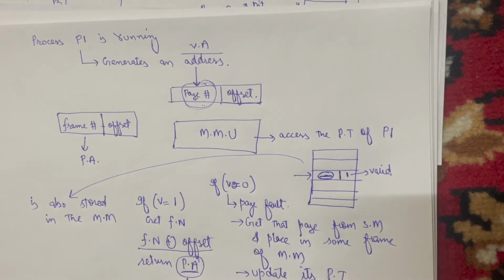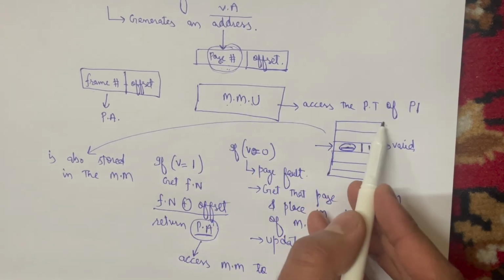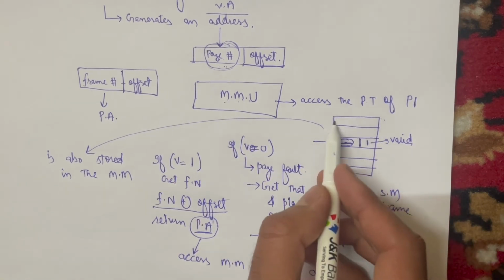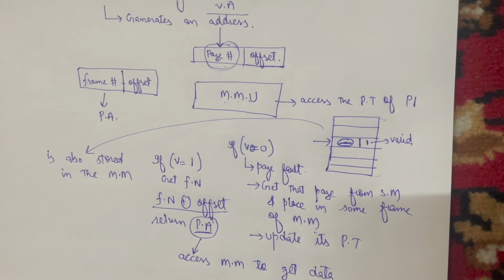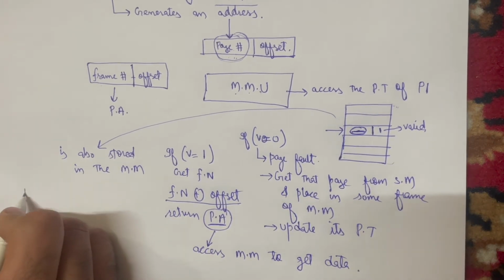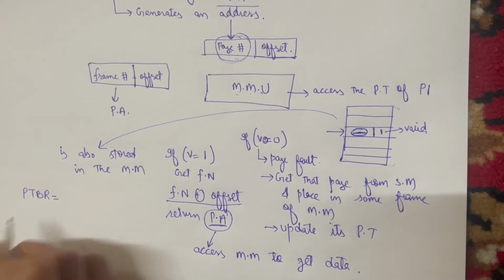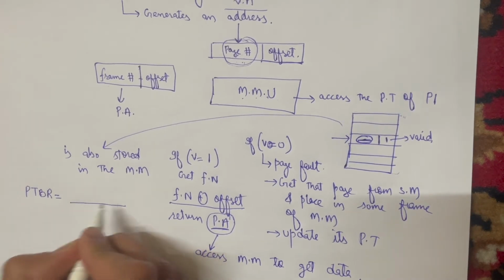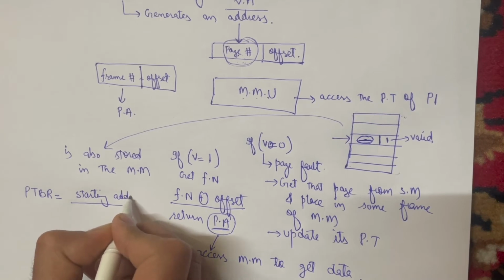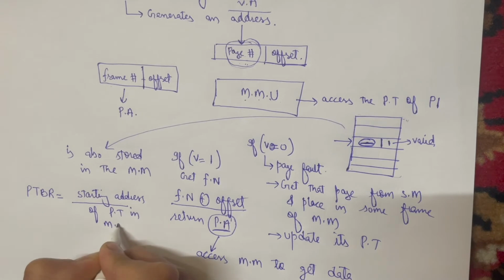If my memory management unit has to access the page table of a process, it should know where this particular page table is stored in the main memory. So in paging there is a special register called page table base register, and in this register we store the starting address of the page table in main memory.